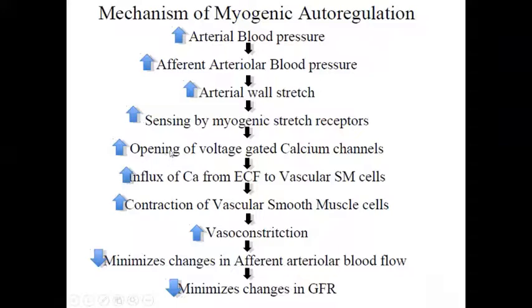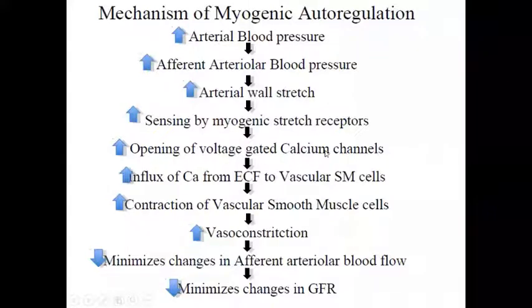Then there will be opening of voltage-gated calcium channels. The ones that open first are the stretch-sensitive ion channels that allow influx of calcium or sodium, which brings about depolarization. That depolarization causes the opening of voltage-gated calcium channels that are sensitive to the change in voltage.